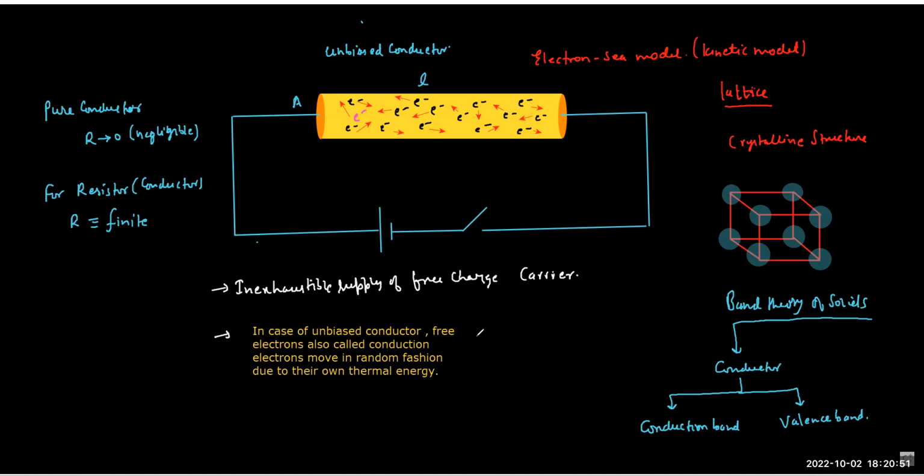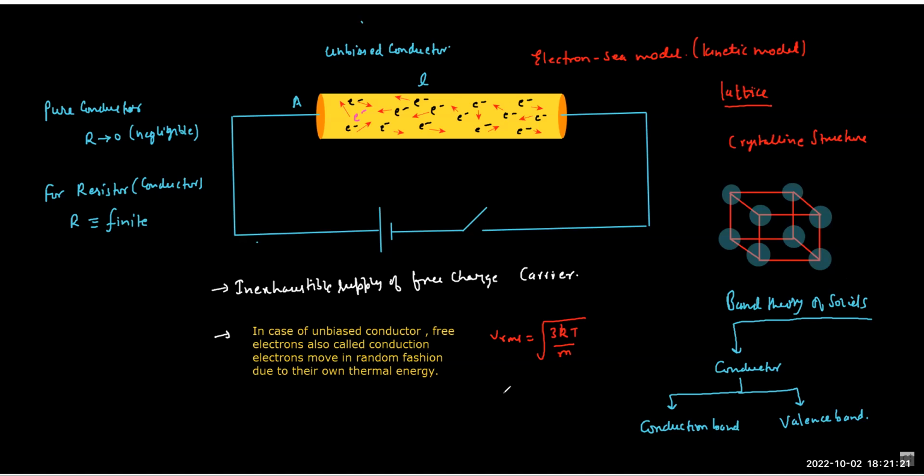So in case of unbiased conductor, these free electrons move in random fashion due to their own thermal energy, and they move particularly with the RMS velocity. So what is the RMS velocity? You have studied in gases, it's the square root of 3RT by M, capital M, but we write here as 3kT by the mass of electron.